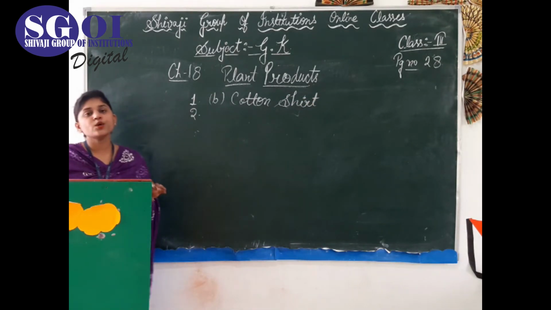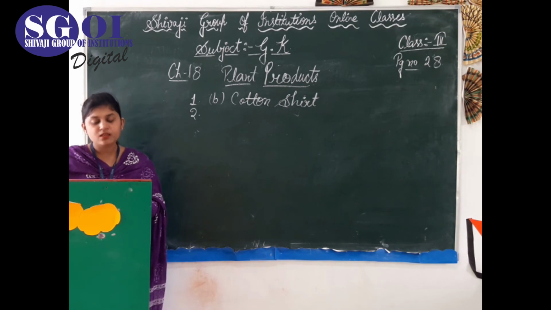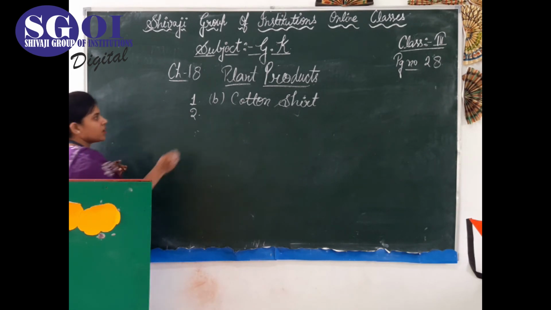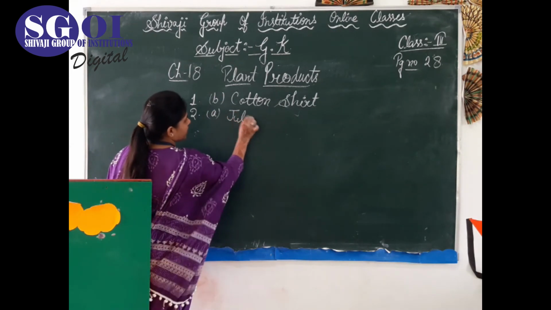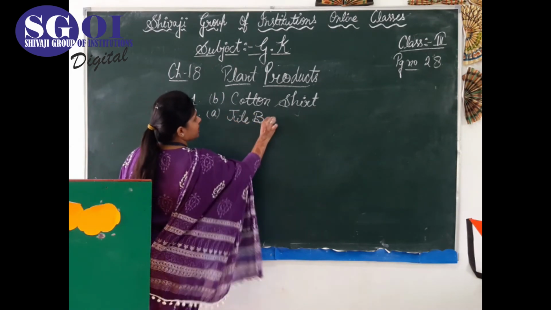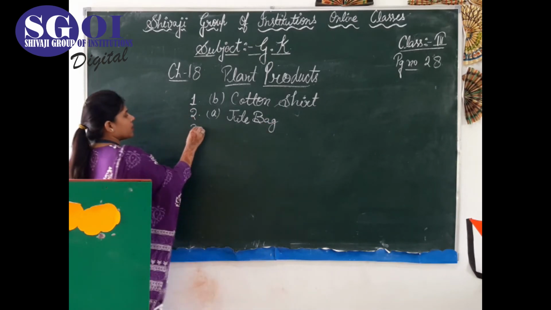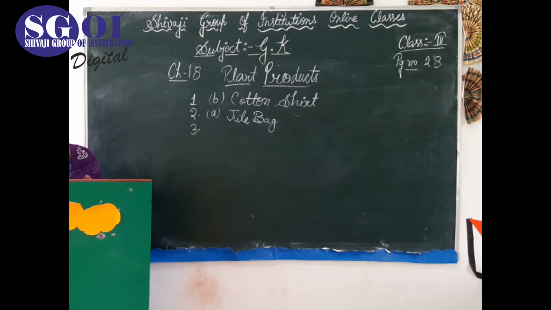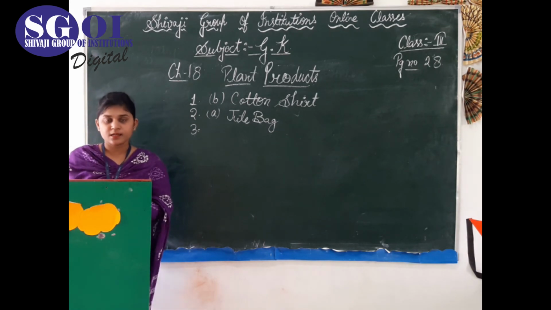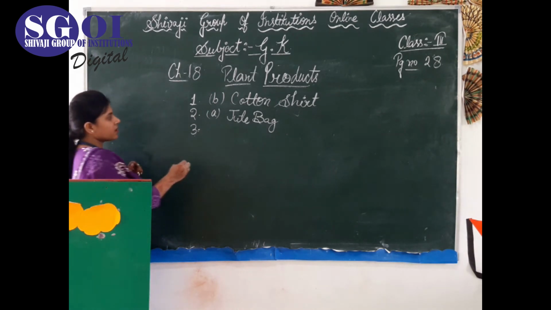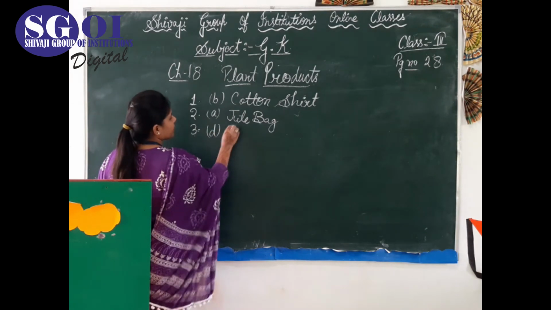Second is jute plant. Match it with jute bag. Option A. Jute bag. Now third is rubber tree. Rubber tree match with eraser. So this is D. Eraser.